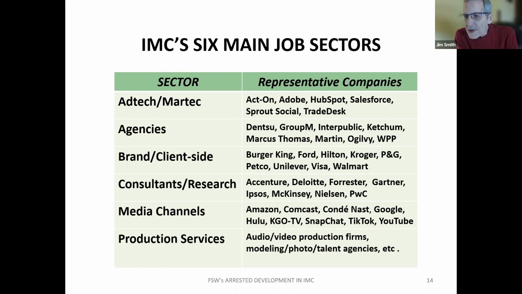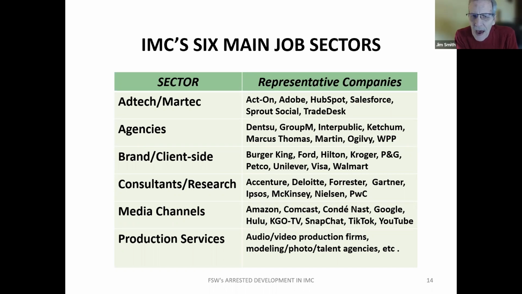You also have agencies that have needs, provide jobs. Students often don't think of it, but they can work client side. And you have consultants and research firms that serve as suppliers, those like Accenture, Deloitte, Forrester, Gartner, and McKinsey and Nielsen. Then you have the final, the media channels themselves.